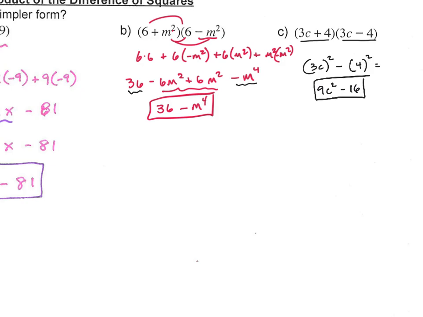And that's how you can quickly come up with a very easy answer when you recognize the pattern of the difference of squares. That was much easier than all of that over there, because I practiced and I recognized that pattern. So again, we can always use our old methods of multiplying polynomials, but if we can recognize these patterns, the difference of squares, a perfect binomial square, it helps immensely.